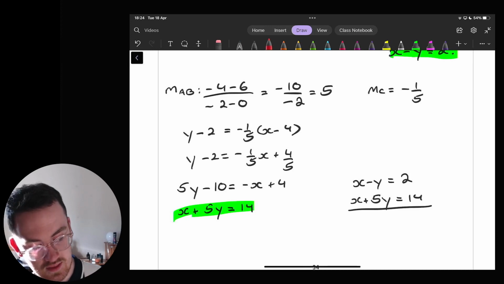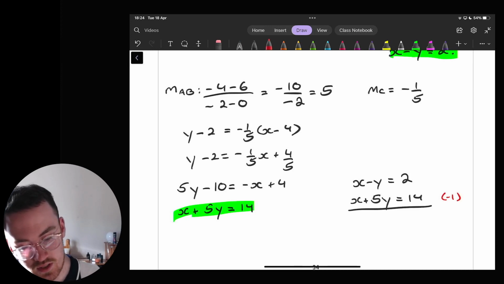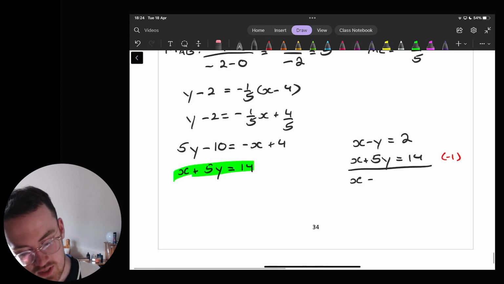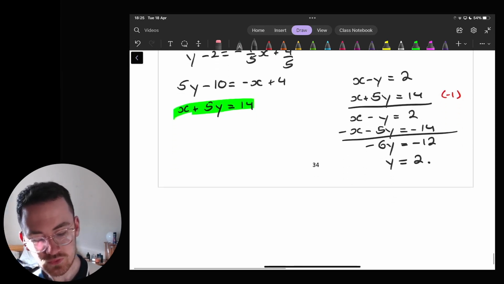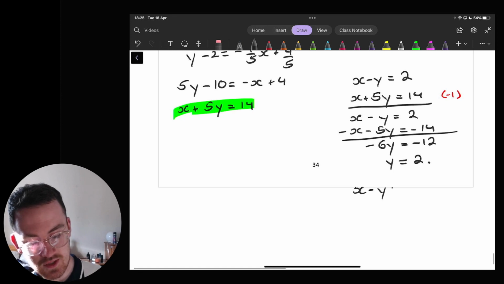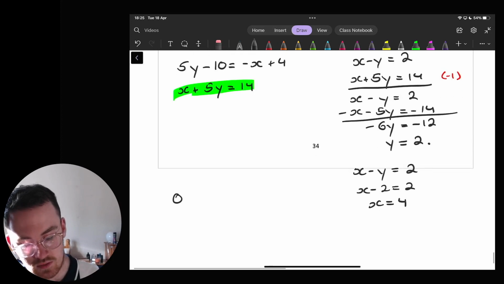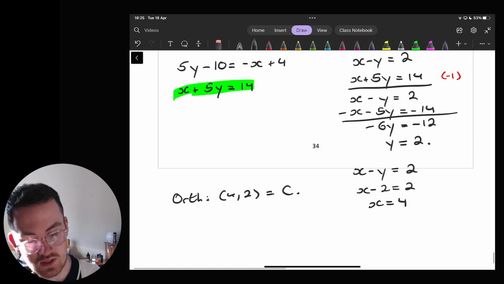Let's multiply the first one by minus 1 to get minus x plus y equals minus 2. Adding the two gives me 6y is equal to 12, so y is equal to 2. So it's looking promising. x minus y is equal to 2, so x minus 2 is equal to 2, x is equal to 4. So that means that my orthocenter is (4, 2), which is equal to C, which is what I wanted to show.